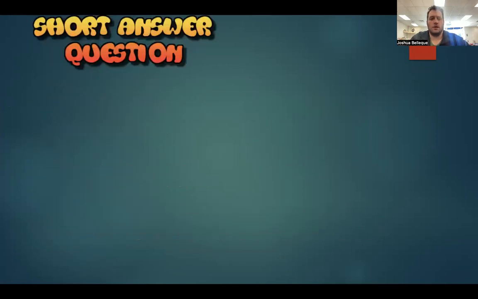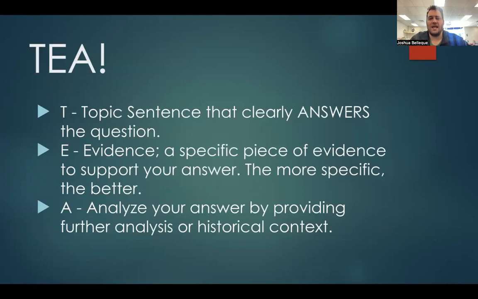So there is an acronym, and this is a way you can answer the question. It's not an essay. You have a topic sentence, just a sentence or 2 that answers the question. Then you give your evidence that's specific.